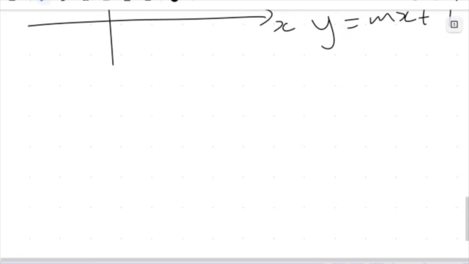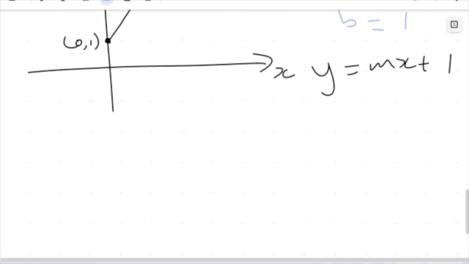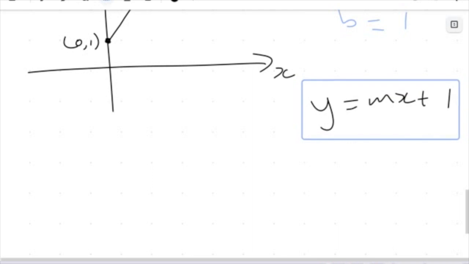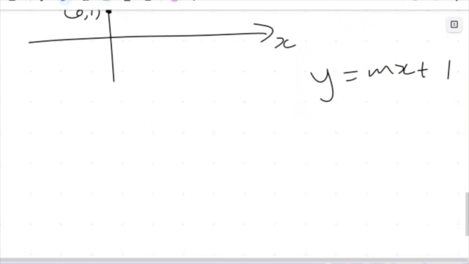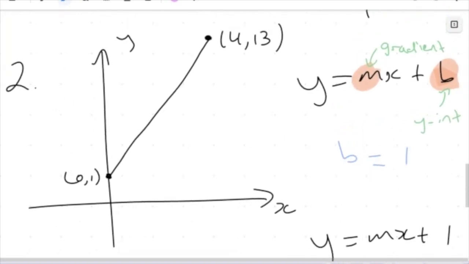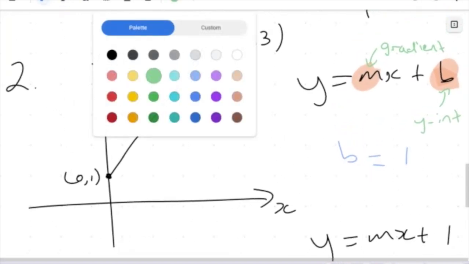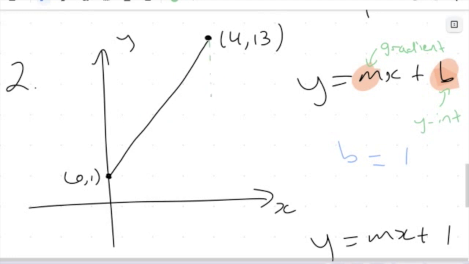And now I need to find what my gradient is. I need to find this guy over here. So I can do this in a couple of ways. But I'm going to do it here by considering how far my line increases in the y from here to up here, and then how much it increases in the x direction as well. So I'm starting at 1 in the y, and I'm going up to 13.